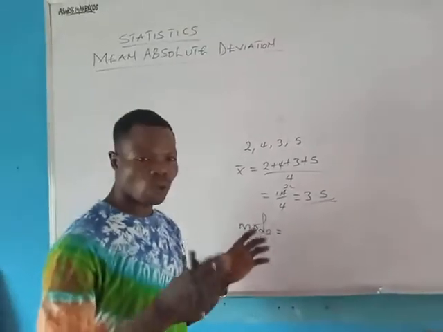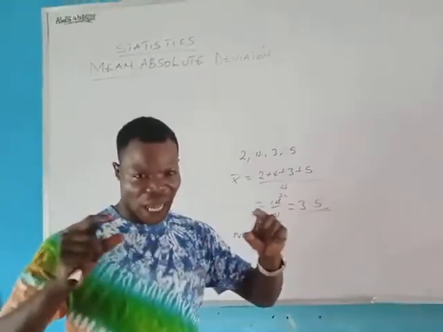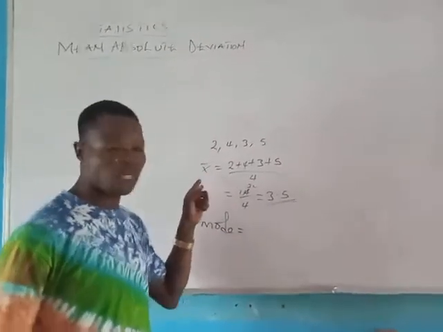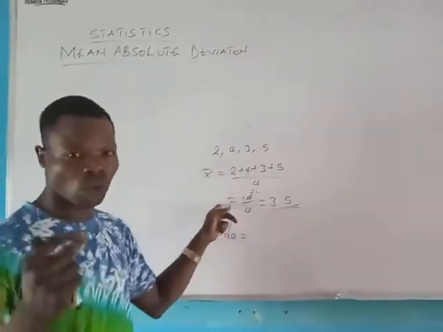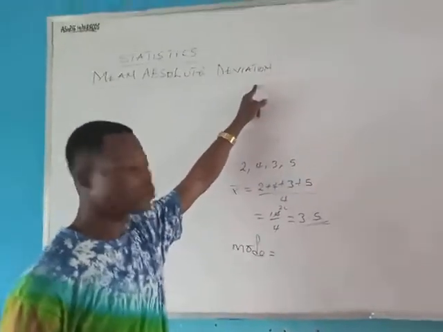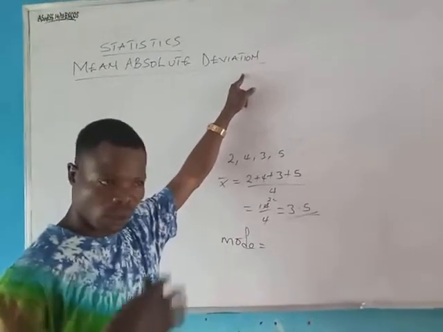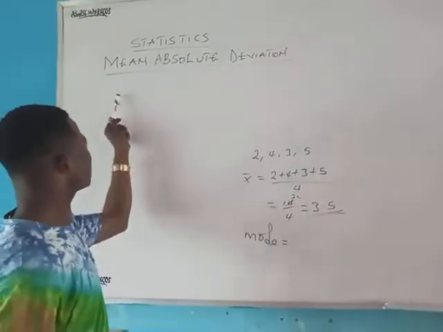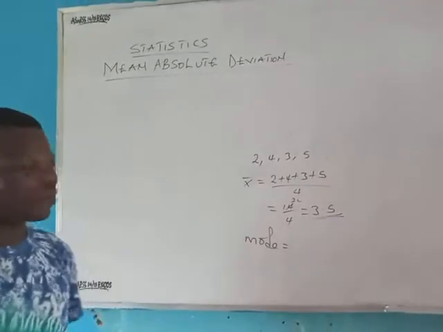But if you want to know how far a particular data is from the center or from the middle, the tool to use is mean absolute deviation. We also have other tools which we will discuss in our next videos. So what is mean absolute deviation?